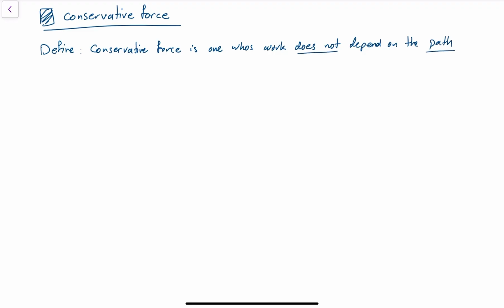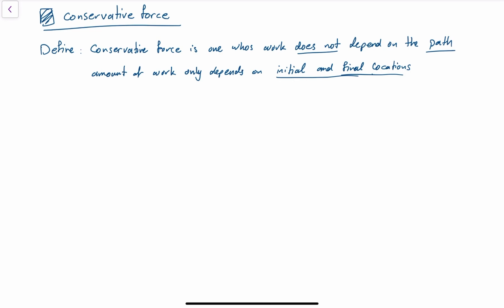In other words, the amount of work only depends on initial and final locations. Initial and final locations.